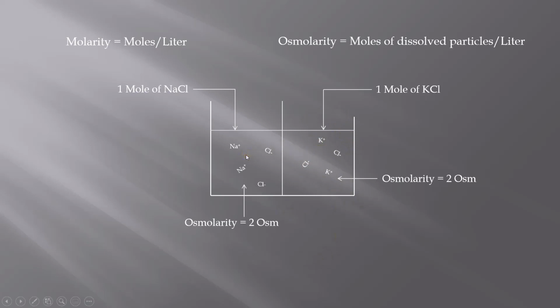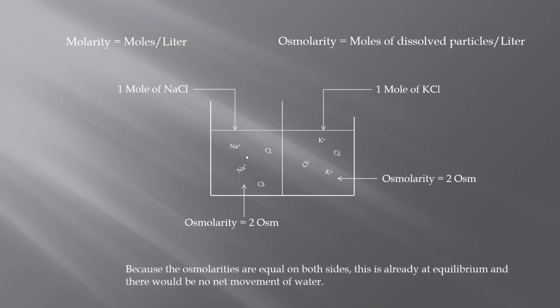We don't care about the individual solute particles in osmosis because, again, we're looking at the movement of the solvent, not the solute. So it doesn't matter what those particles are exactly. It just depends on what the total concentration of particles is. And in this case, because the osmolarities are equal on both sides, this is already at equilibrium and there's no net movement of water across that membrane.